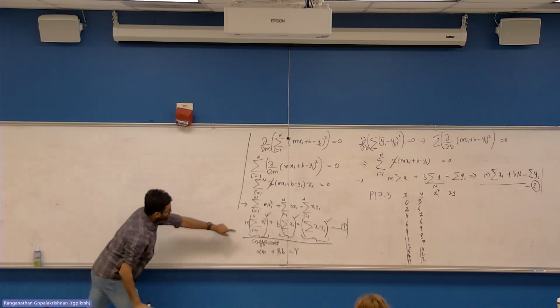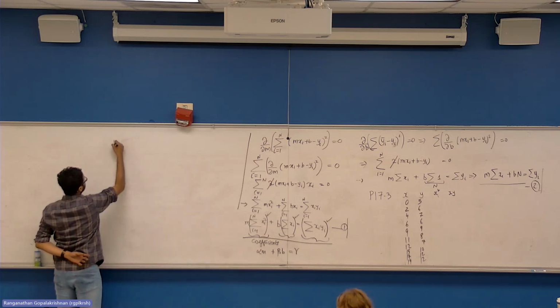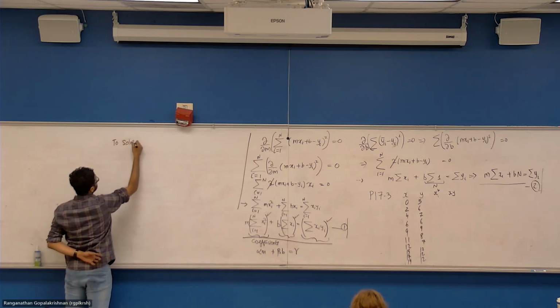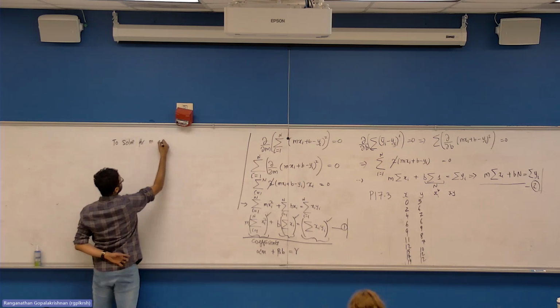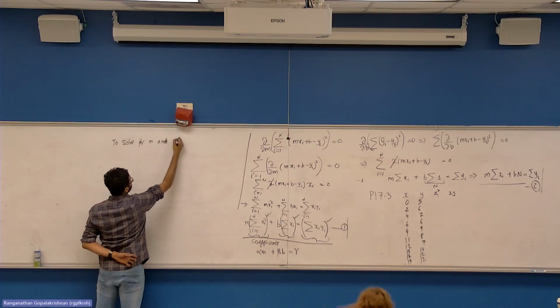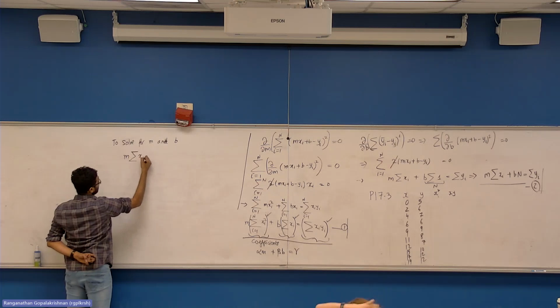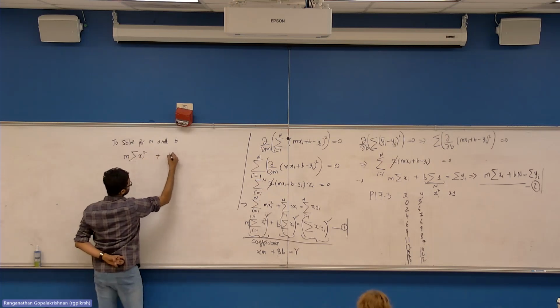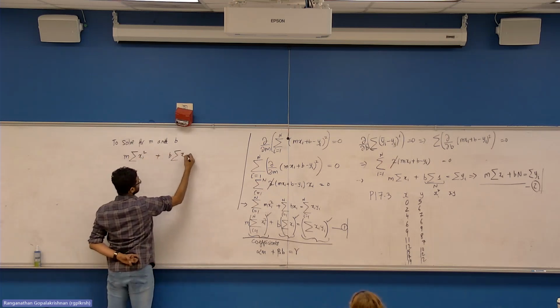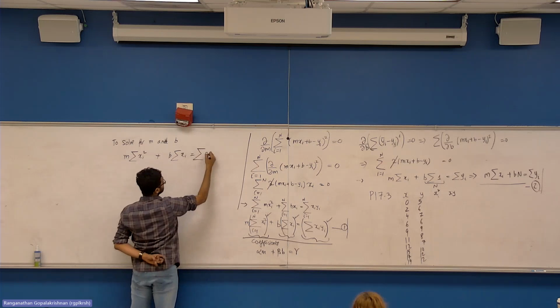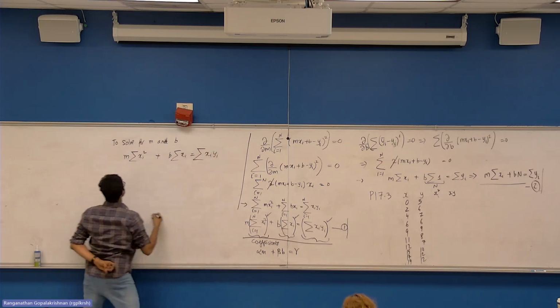You write down this equation first to solve for m and b. Our first equation is m times sigma xi squared plus b times sigma x equal to sigma xi yi.